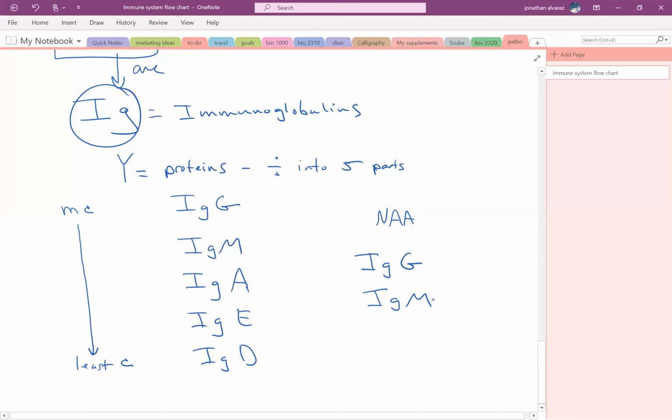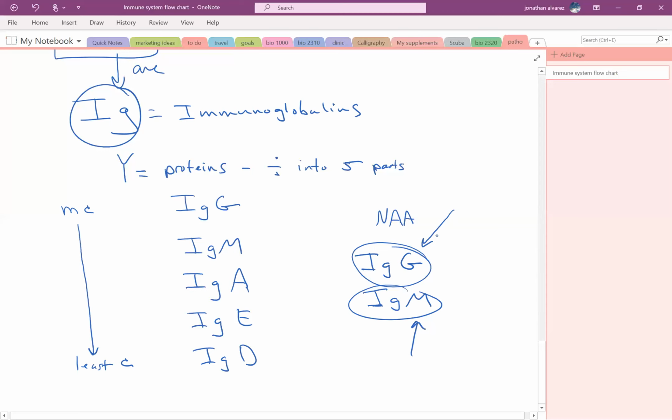Now the difference between these two is, if we want to know if you have COVID now, then we're going to order the IgM COVID test. If you think you had it, so you had it, you're over it, you were symptomatic, but now it's in the past, then we're going to order IgG.